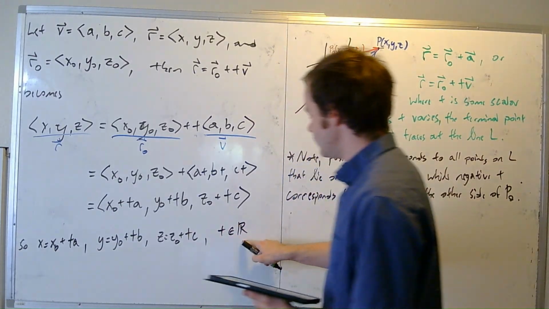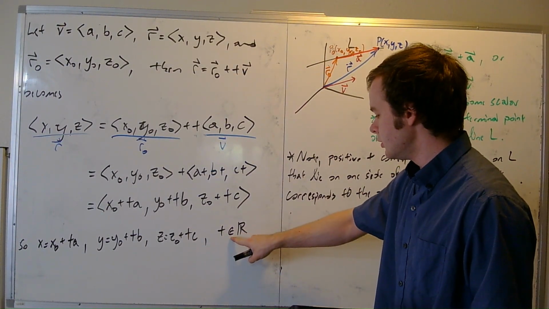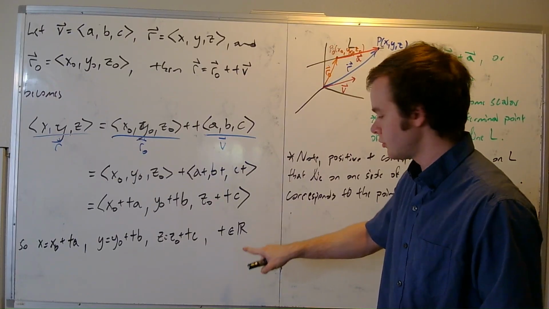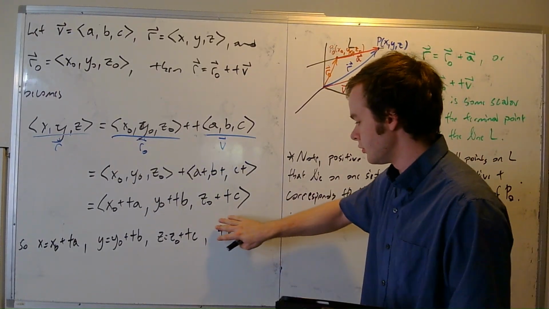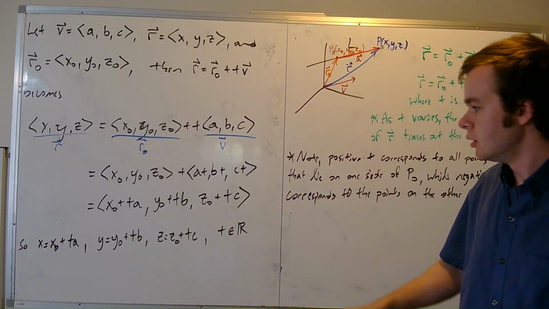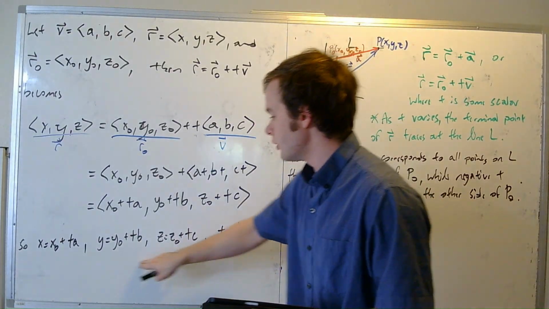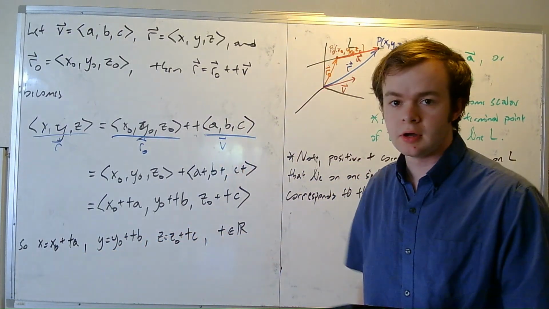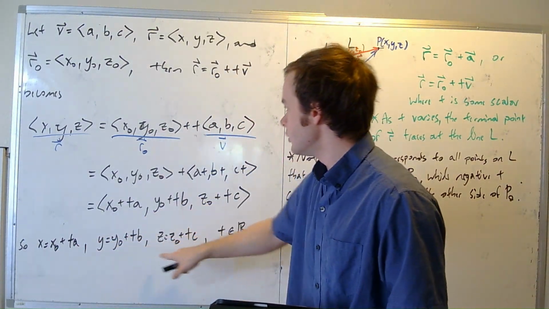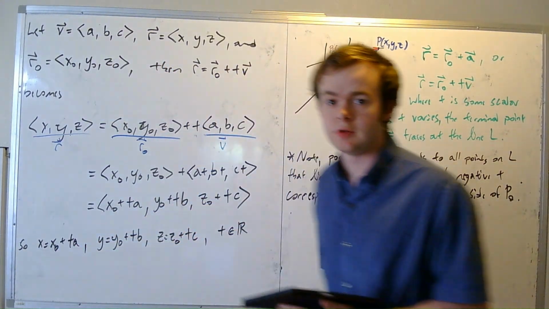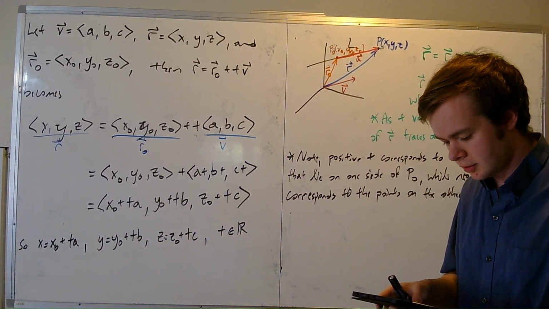Right, so this notation might look confusing. This just means that t is in the set of real numbers. That's how you would read that. But this is just saying that t is some real number. So don't worry about this. But we actually get these three equations to figure out exactly points on the line using the original point and the coordinates of this vector v. And then t is just some real number.